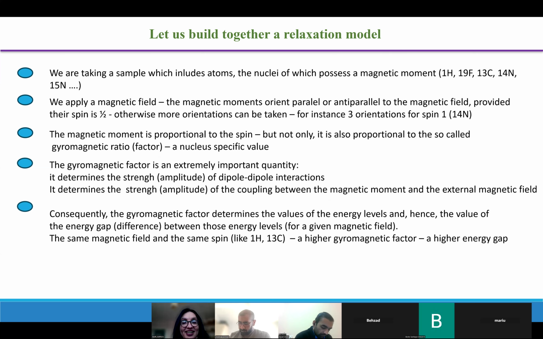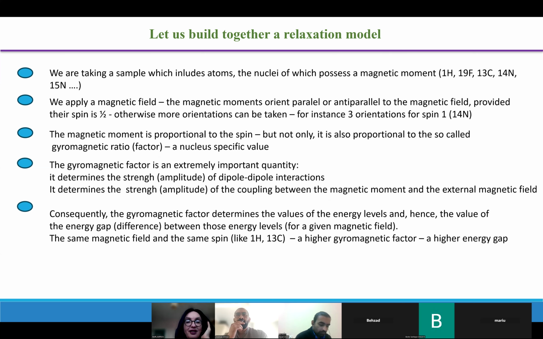But here is the trick. It can change only by 1. So it can be 1/2 or minus 1/2. Therefore, the magnetic quantum number can be considered as a quantity which characterizes the orientation in the magnetic field. Parallel, 1/2. Antiparallel, minus 1/2. In a kind of naive picture.